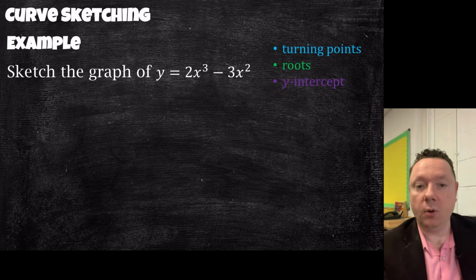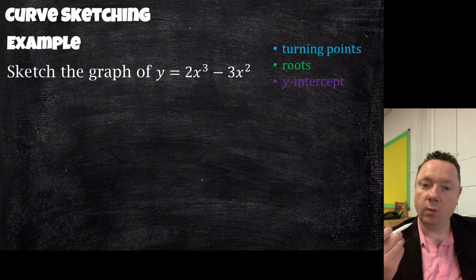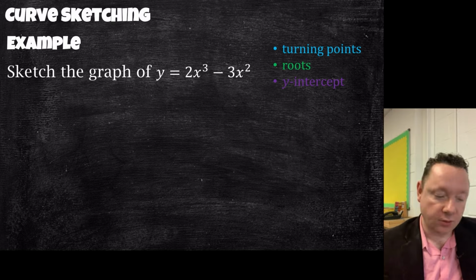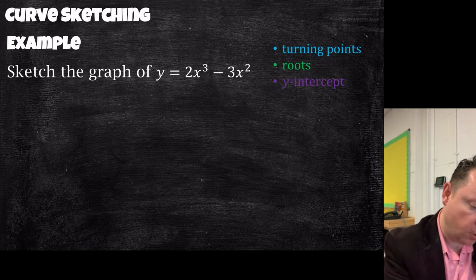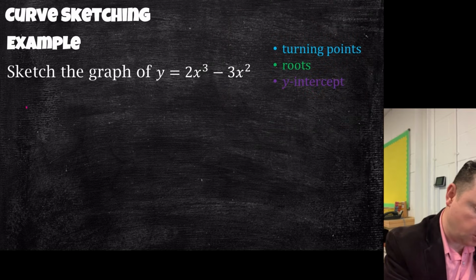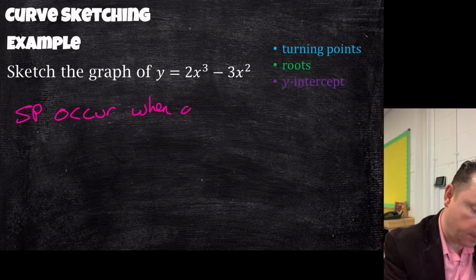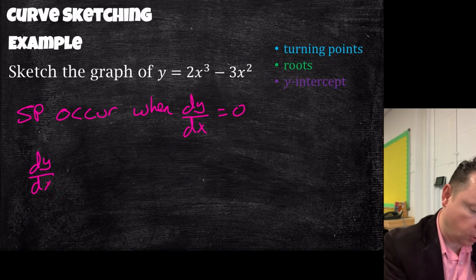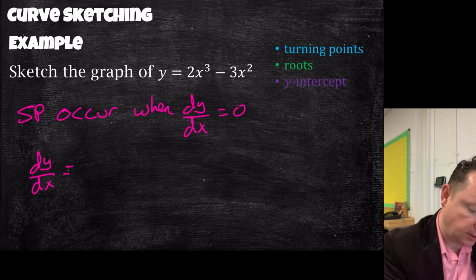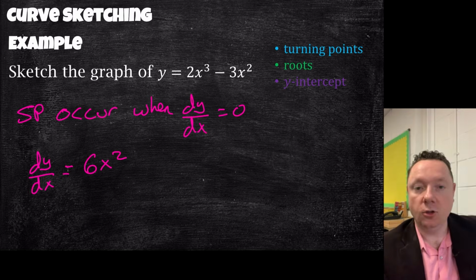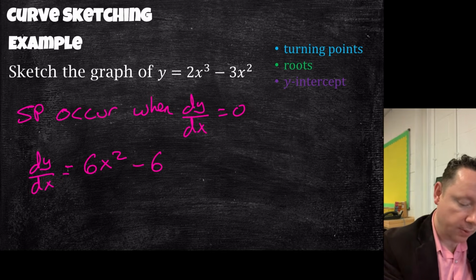Now, to do turning points, it's stationary points. So that's when they occur, when the derivative is 0. So straight away for our stationary points bullet point, we can say that stationary points occur when dy by dx equals 0. So dy by dx is equal to 3 times 2 is 6x squared, and then 2 times 3 is 6 as well, but it's just x.